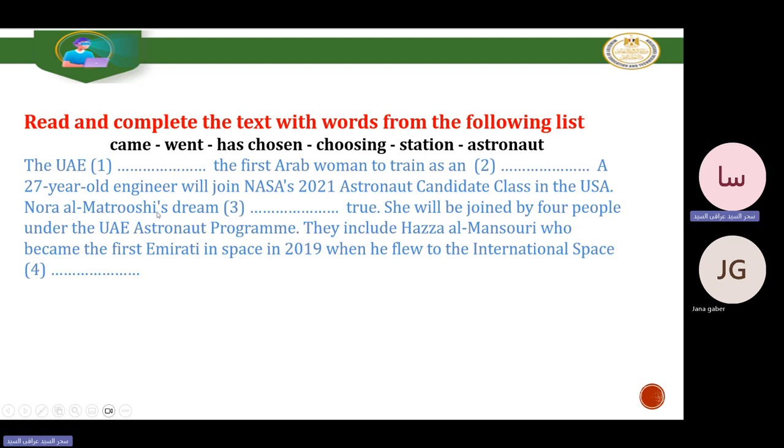Noura Al Matrooshi's dream came true. She will be joined by 4 people under the UAE astronaut program. They include Hazza Al Mansouri, who became the first Emirati in space in 2019 when he flew to the International Space Station. Okay, take a second to think.